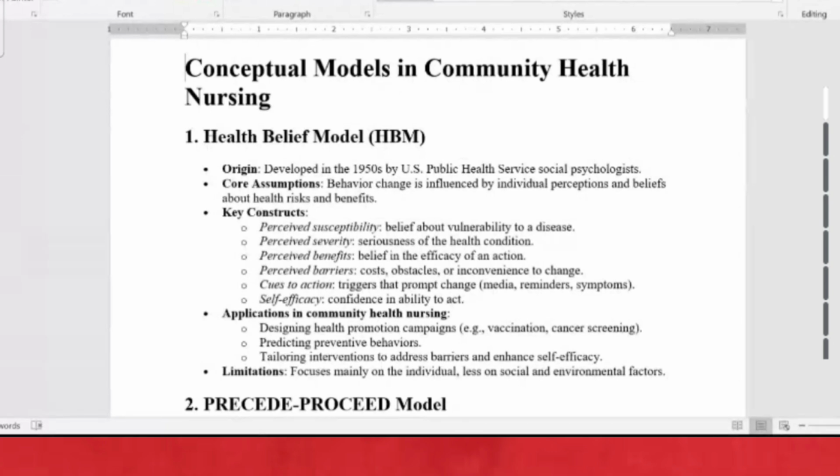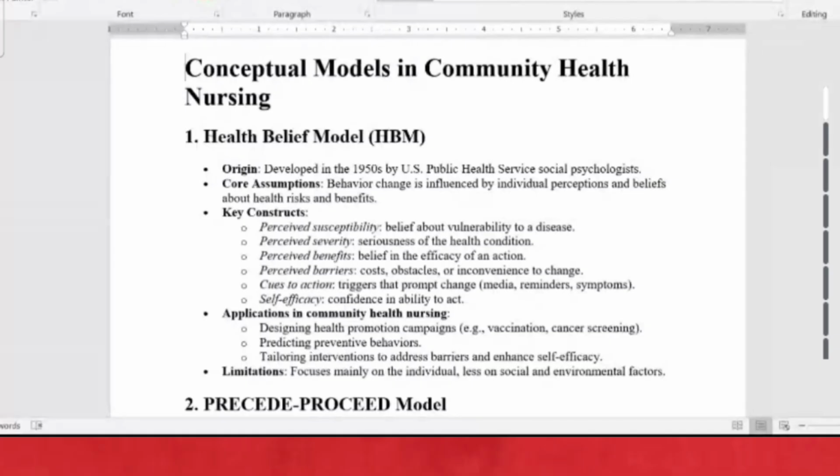Number 2, another building block, perceived severity. It is about how seriously the disease can occur. We can counter this through health education. When you give health education, people will know that when I get this particular disease, it is very important for me to seek health service.